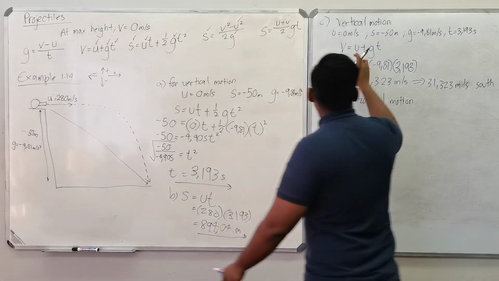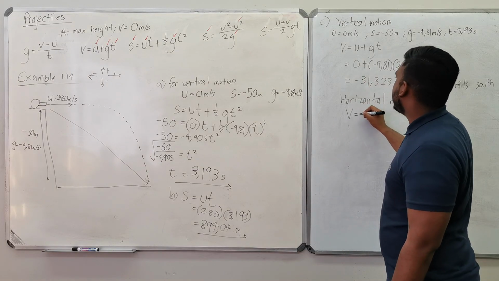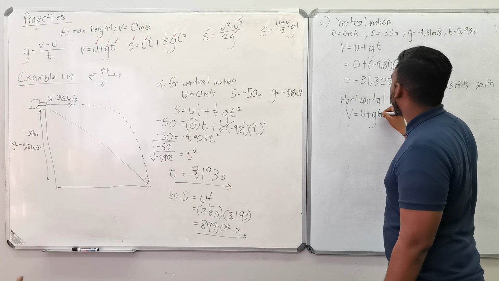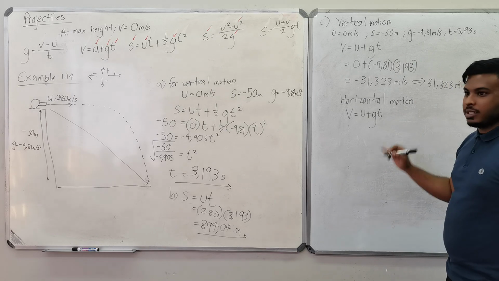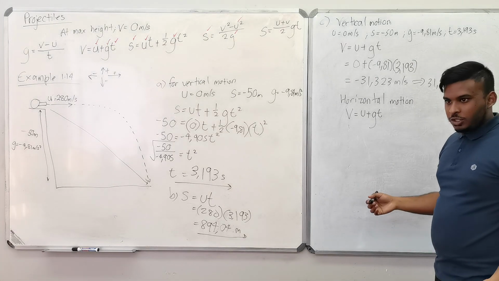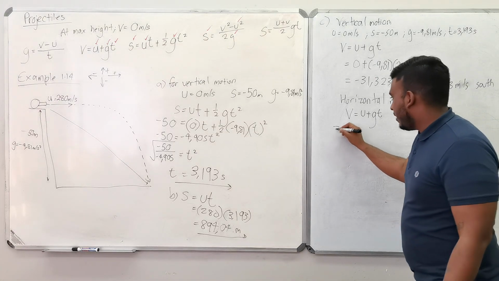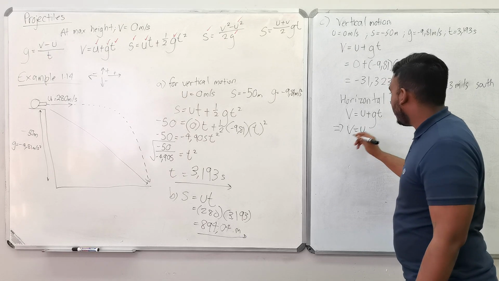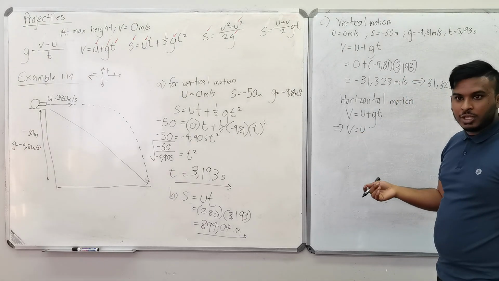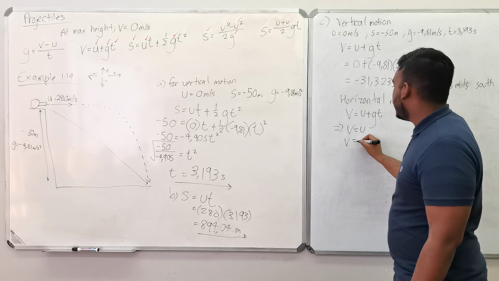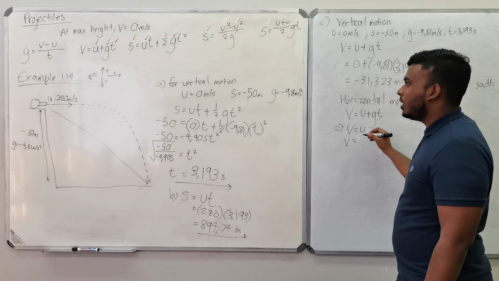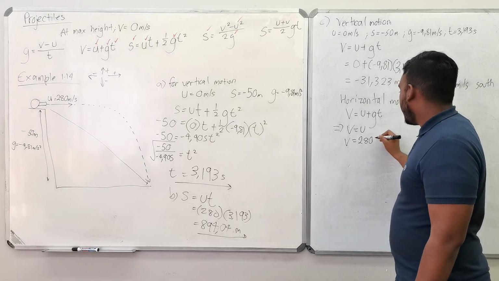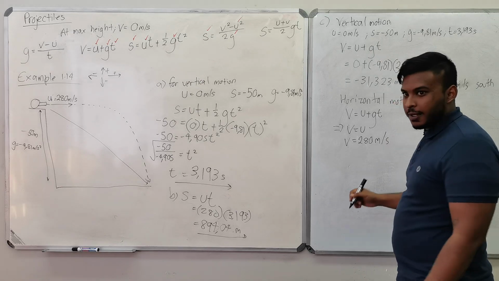So if I use this formula, velocity is equal to initial plus gravity times time, what's going to happen to this part? It cancels out, it falls away. So your final velocity is equal to your initial velocity. So the velocity in the horizontal component will be equal to 280 meters per second.